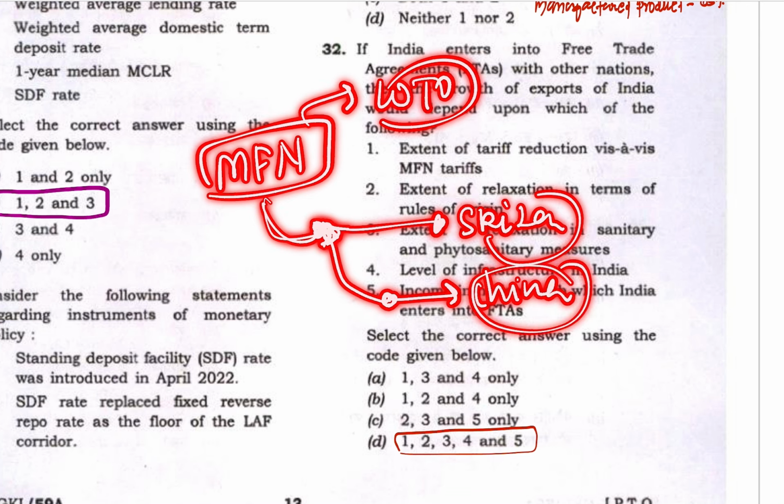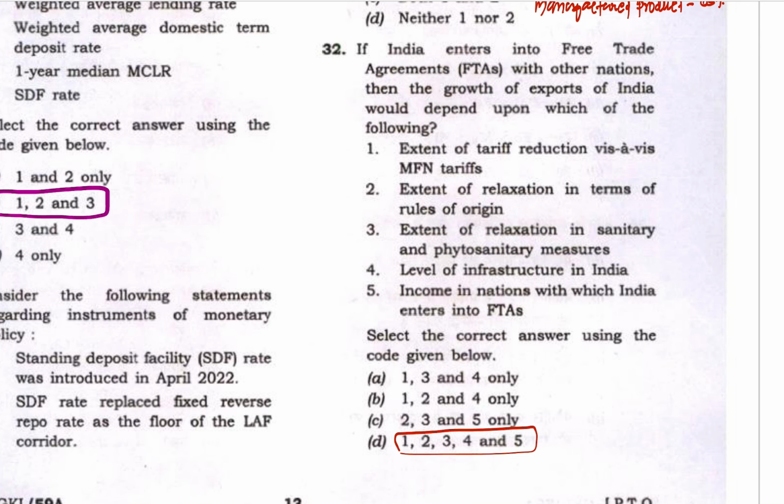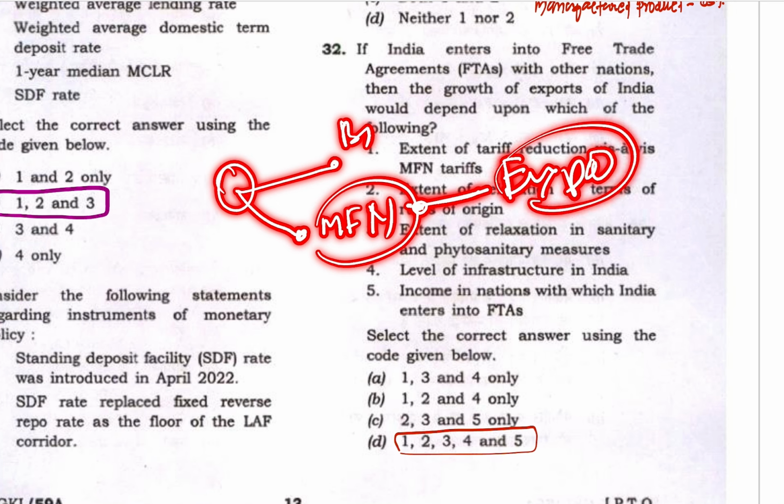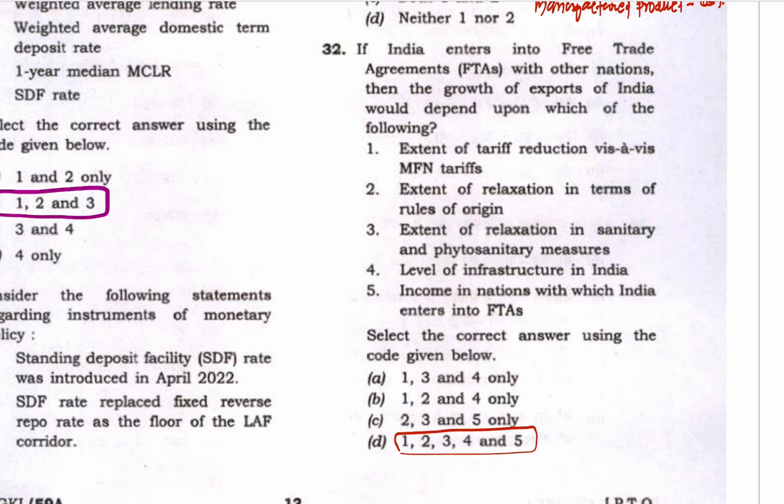So that is MFN, right? For example, Pakistan has given MFN status to Bangladesh, but Pakistan did not give MFN status to India. Because of that, our exports to Pakistan are expensive as compared to Bangladesh's exports, right? That's why our exports are hurting. Hence, MFN status has a role to play in the growth of exports. So number one is right.